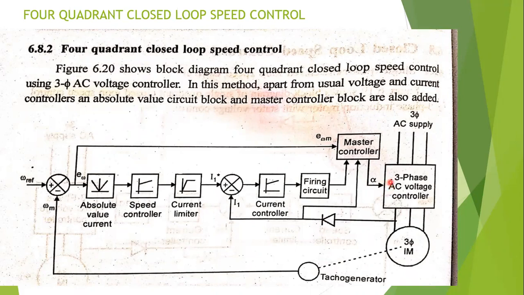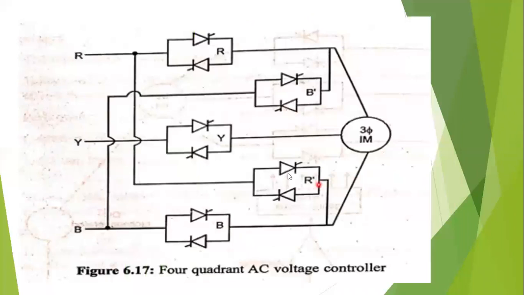Now the gate pulses are released to the other set of thyristors, that is, the SCRs R dash, Y dash, B dash.